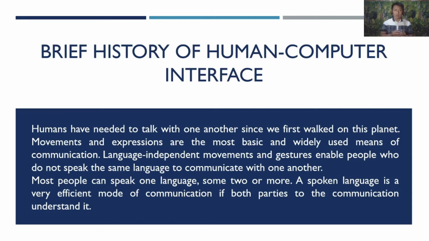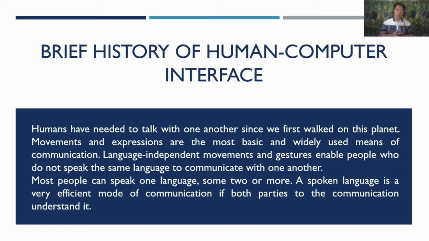Okay, maybe they didn't know how to talk before. That is why they used movements or expressions. Alright. Second, language independent movements and gestures enable people who do not speak the same language to communicate with one another.